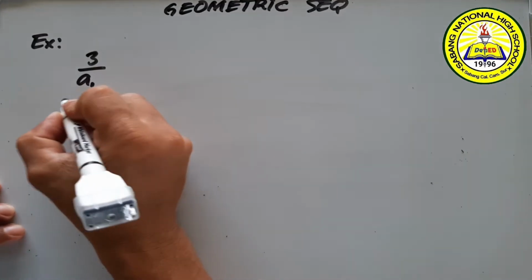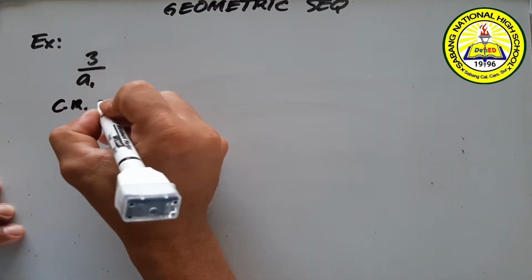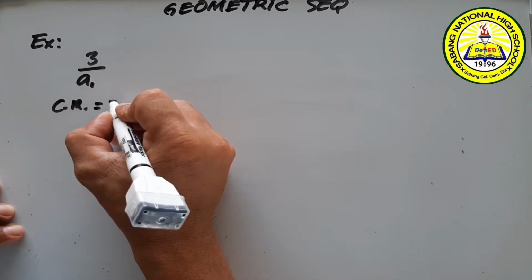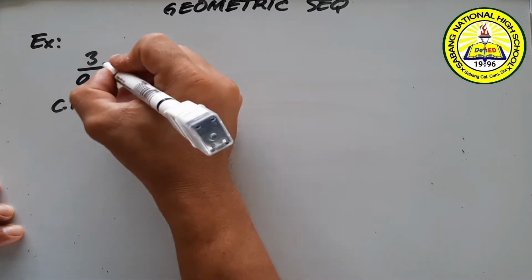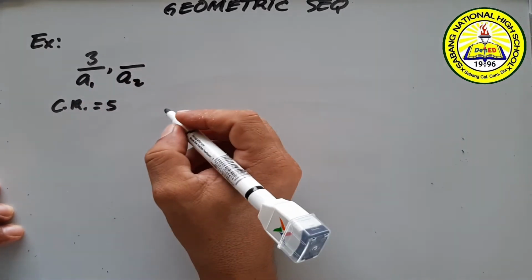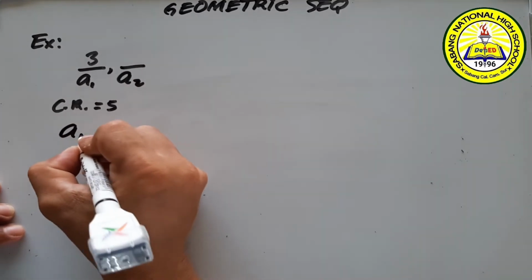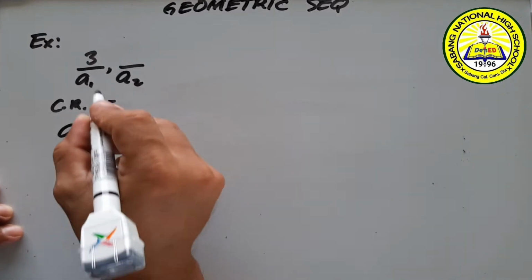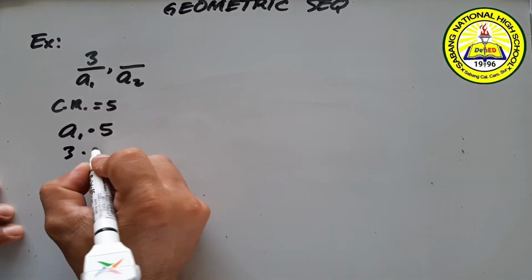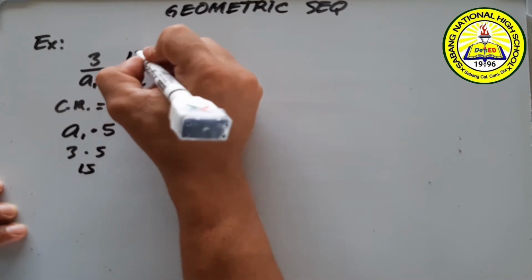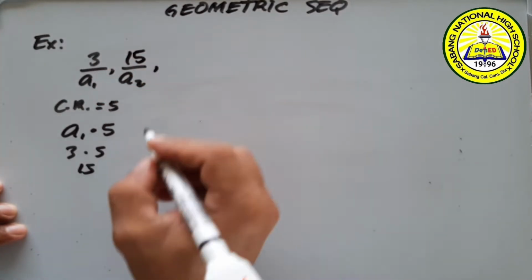And our common ratio is 5. Therefore, to find the second term, a sub 2, is a sub 1 times the common ratio 5. Since a sub 1 is 3, we have 15. Therefore, the second term is 15.